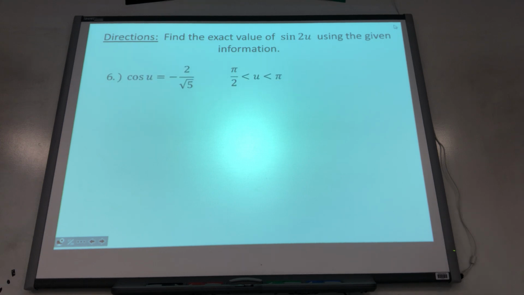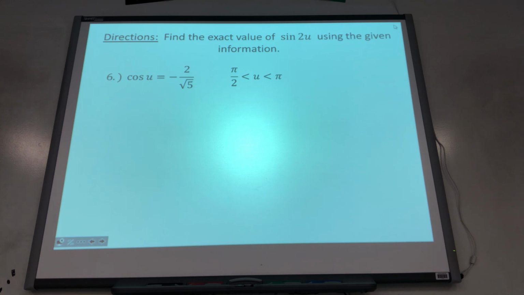I'll go ahead and give you that information right now. This will be number 6. Cosine of u equals negative 2 over square root of 5. So that's kind of different. It's not been rationalized, but that's all right.